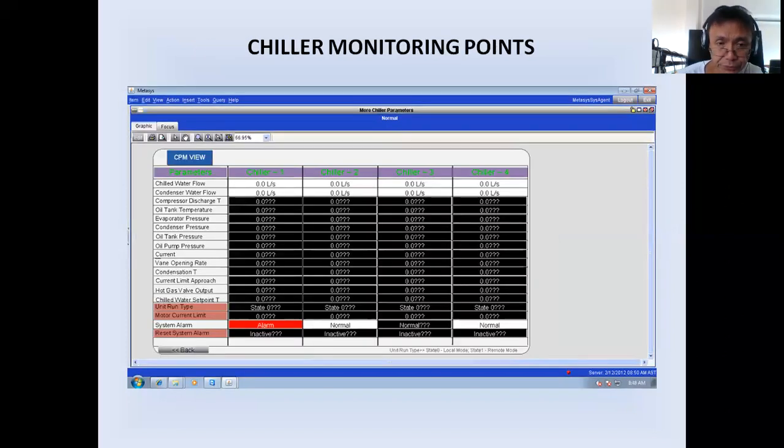Okay. Now, these are the points that are being monitored in each chiller.